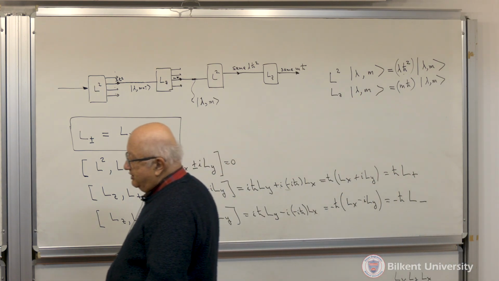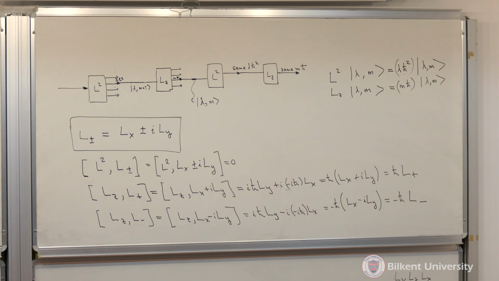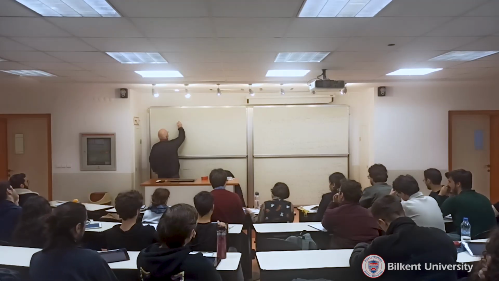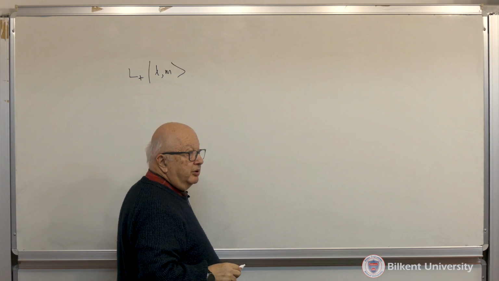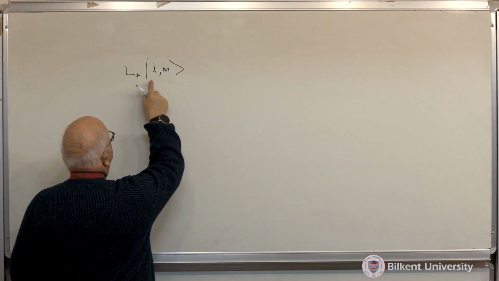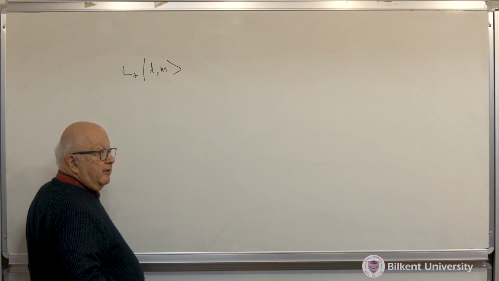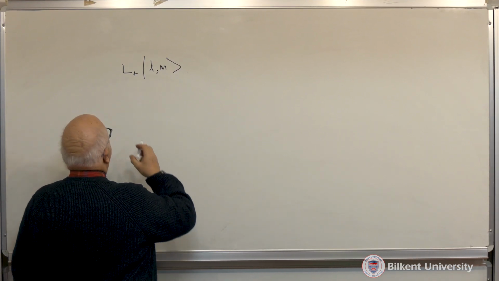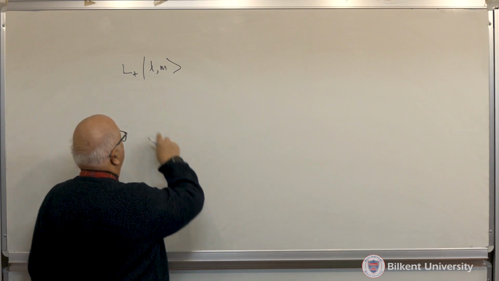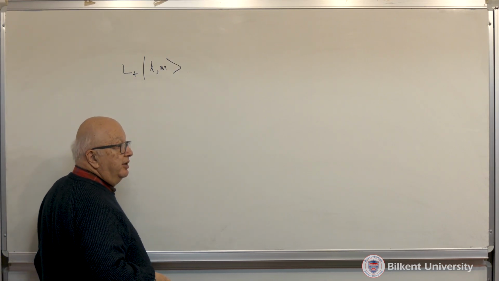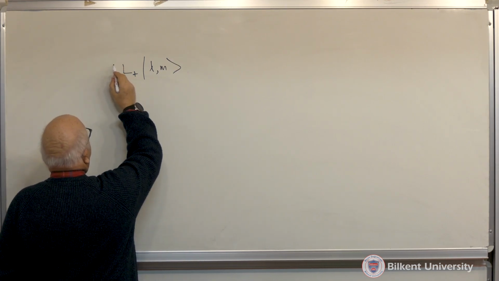So let's now see what happens when I take this lambda m eigenstate and operate on it with L plus. So this is now some other ket, right? This is an operator, it operates on this ket, and I get another ket.